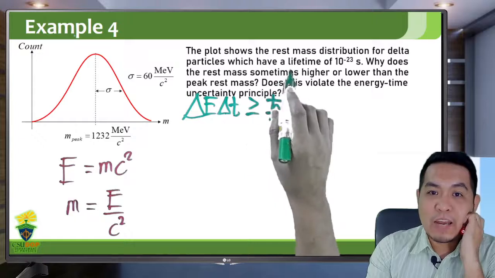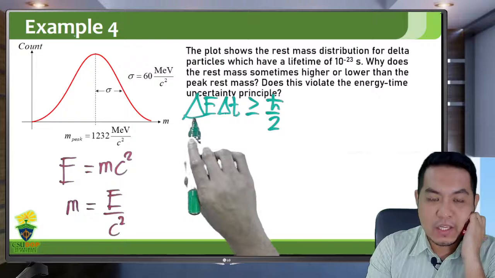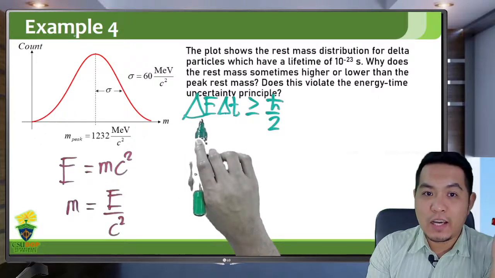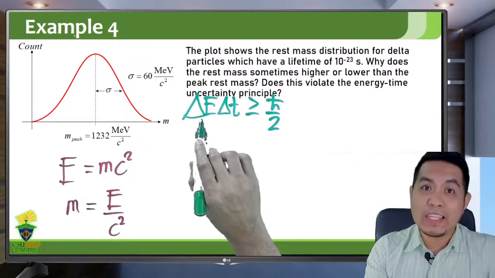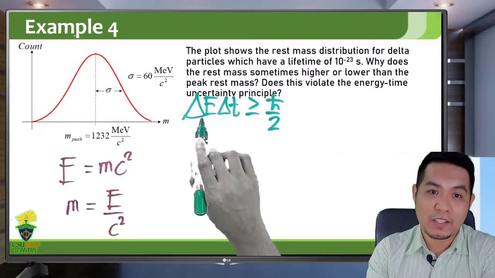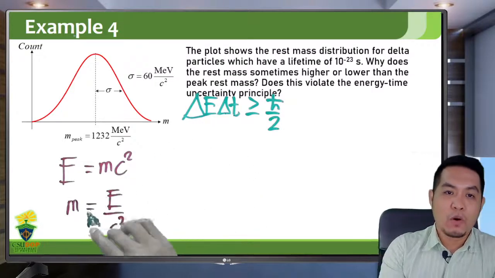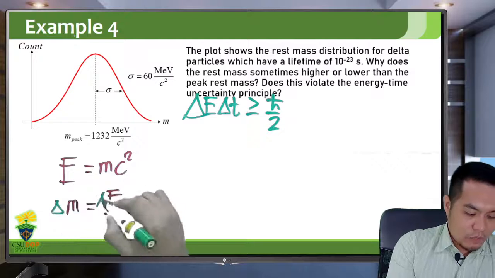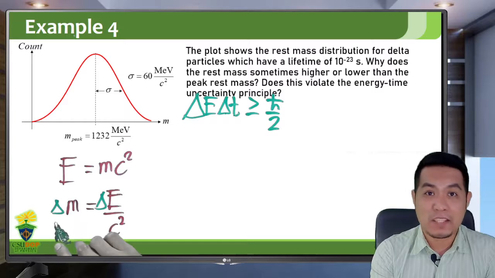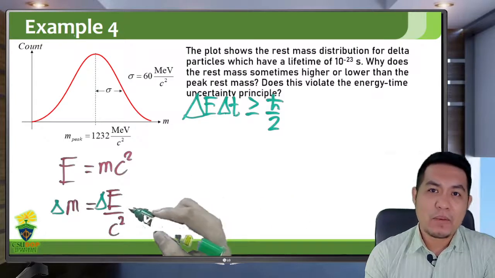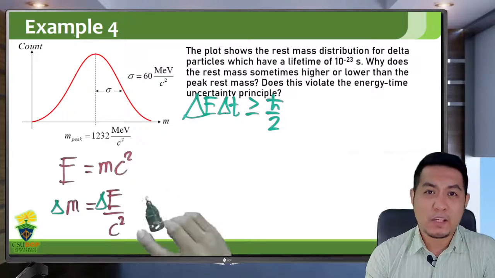If the lifespan of a particle is very short, its energy uncertainty is very large, and it will have a wide range of energies. Having a wide range of energies means you also have a wide range of masses. So you cannot accurately measure the mass of the delta particle because its lifetime is very, very short.